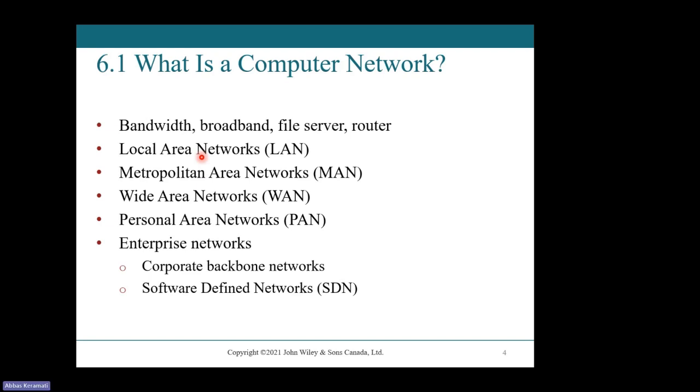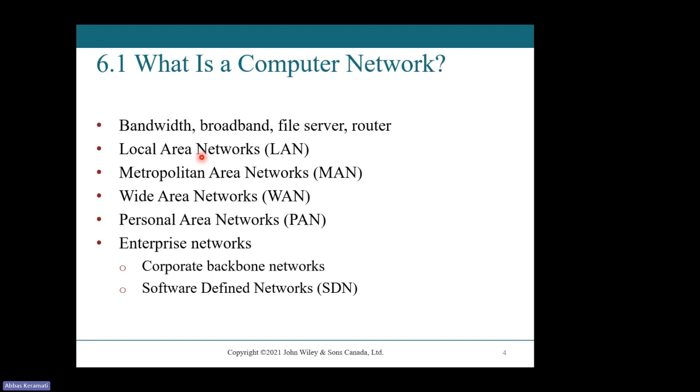LAN is a local area network. For example, when you are on a university campus, you are using the local area network of the school. Usually it's within a building, for example in a business building or an engineering building.